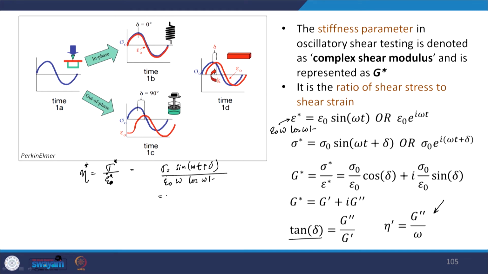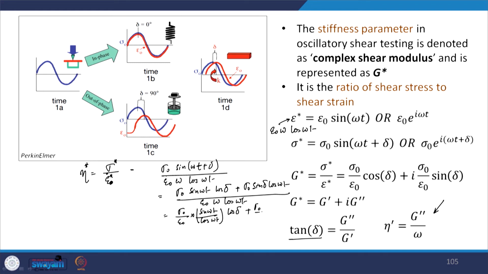If I open up this equation, what do I get? This is sigma naught sin omega t cos delta plus sigma naught sin delta cos omega t, divided by epsilon naught omega cos omega t. Now this becomes sigma naught by epsilon naught times sin omega t by cos omega t, which is basically the viscous part or the imaginary part, times cos delta, plus sigma naught by epsilon naught sin delta.